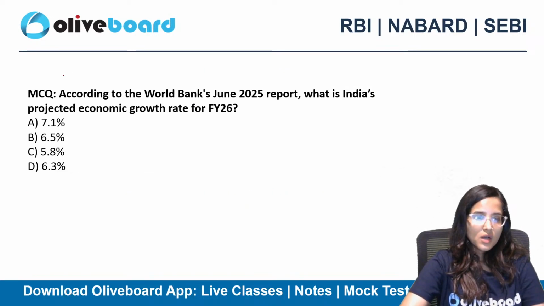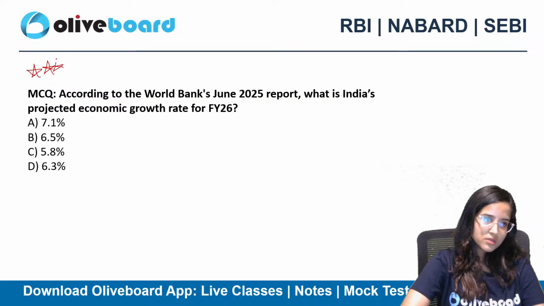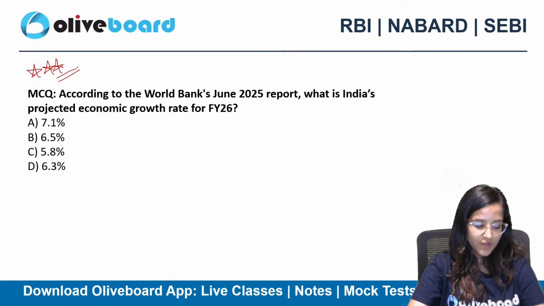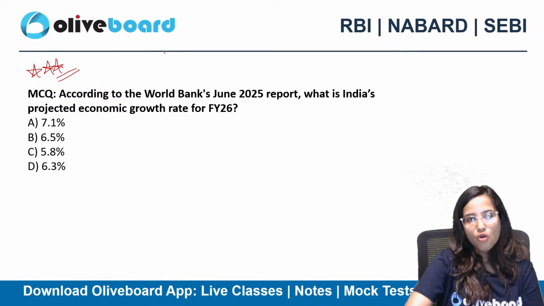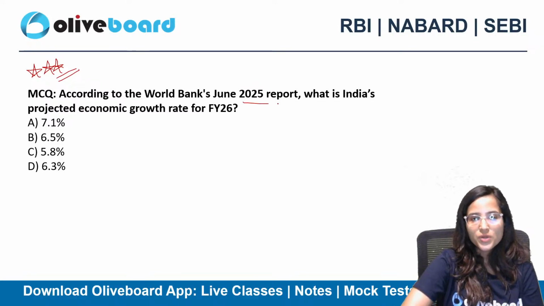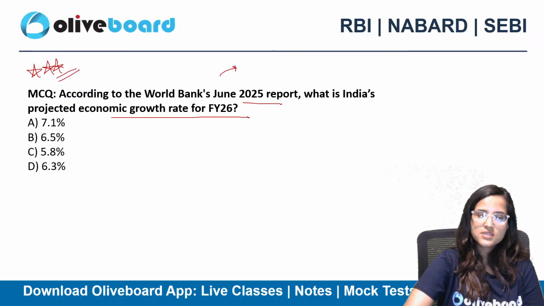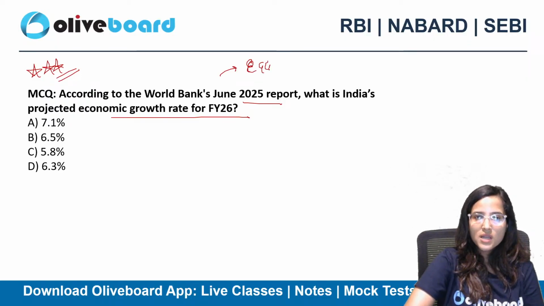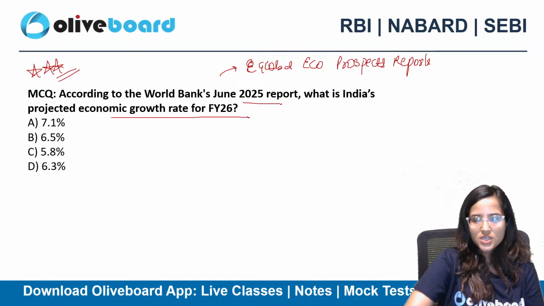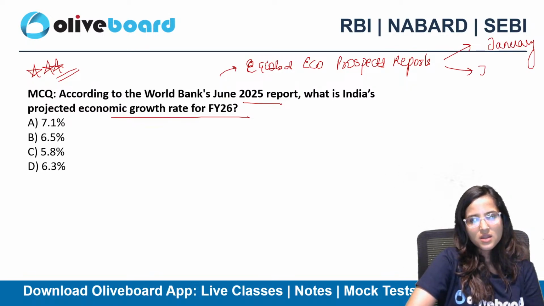Now, again, very, very important question. Let me see whether you have read the newspaper or not. According to the World Bank's June 2025 report, what is India's projected economic growth rate for financial year 26? So there is this World Bank's Global Economic Prospects report, which is published twice a year, January and June.